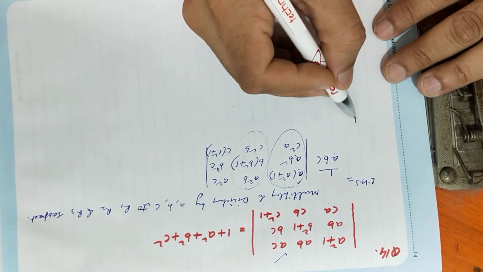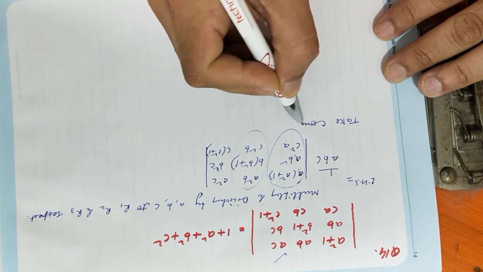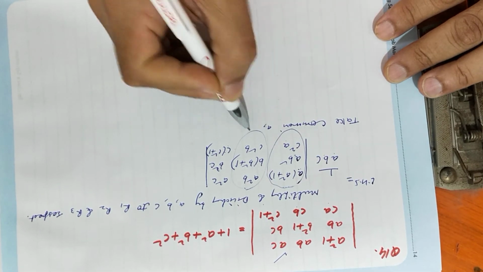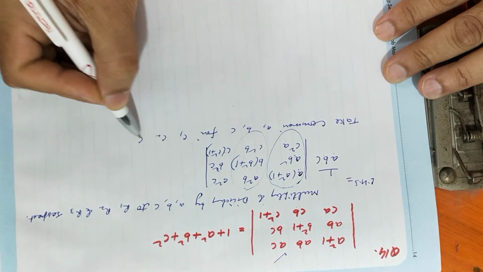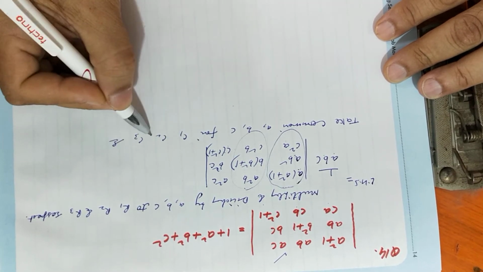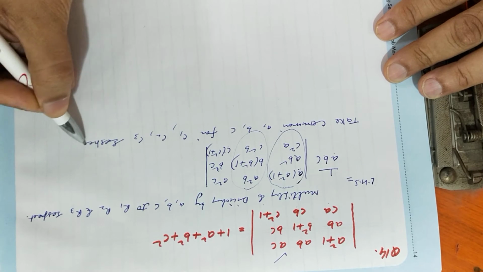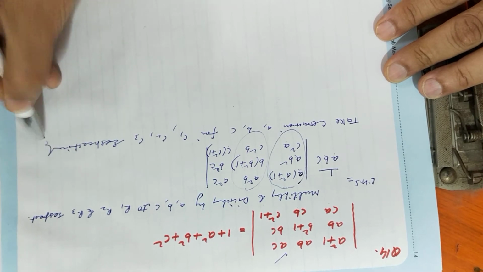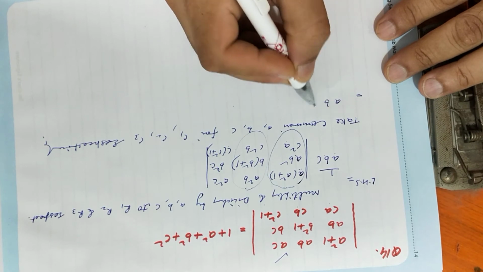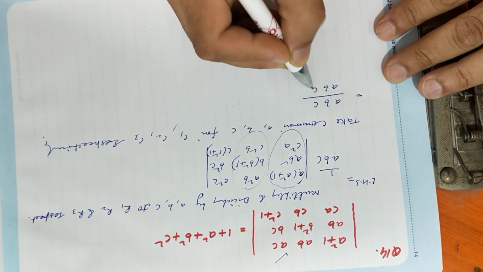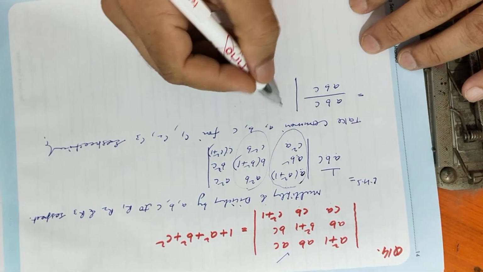So now write down: take common a, b, c from C1, C2, C3 respectively. Got it? What will we get? We get abc here, with a taken common.